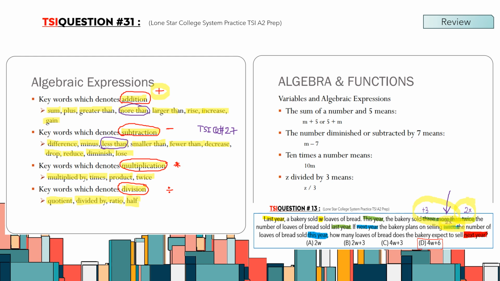All right. So for variables and algebraic expressions, if we see the keyword sum, right? Sum of a number m and phi. Also, and mostly will mean plus, right? And you add them.